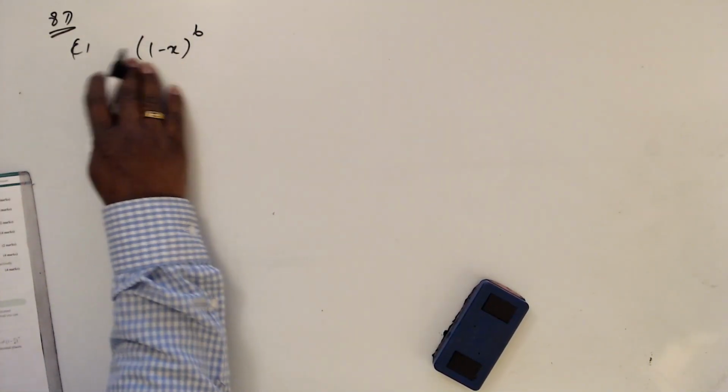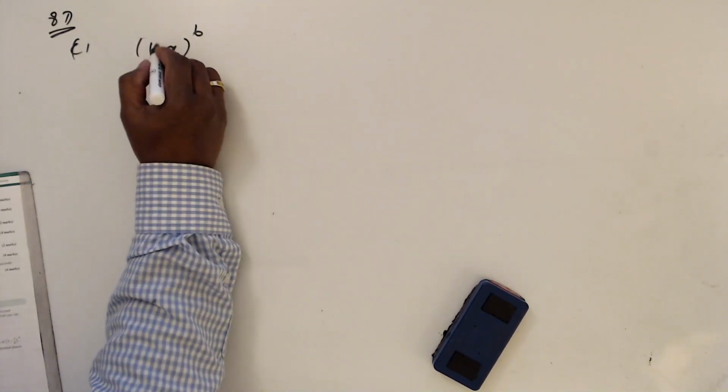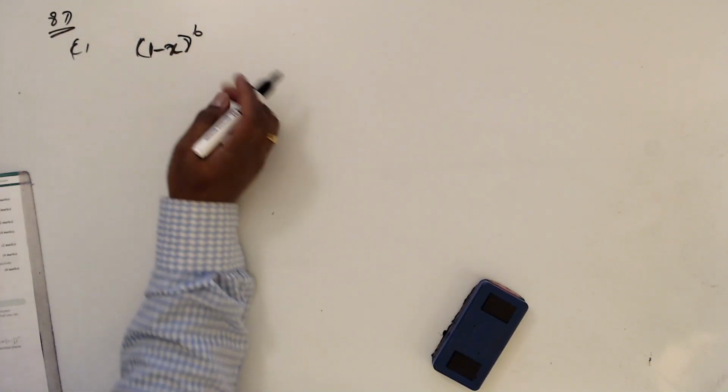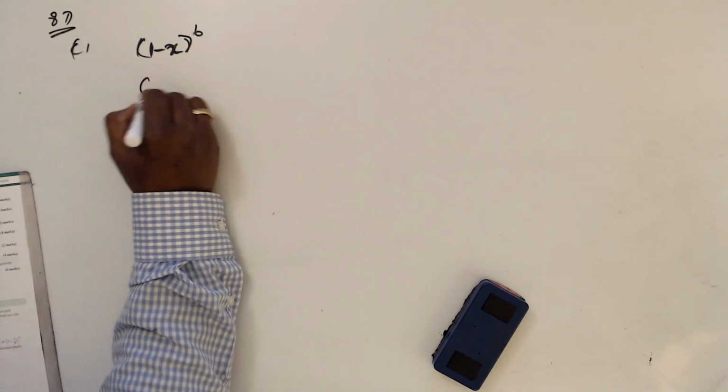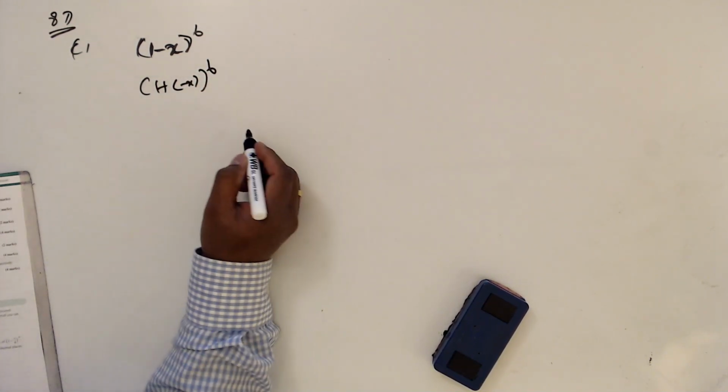1 minus x. This is 1 plus minus x to the 6.